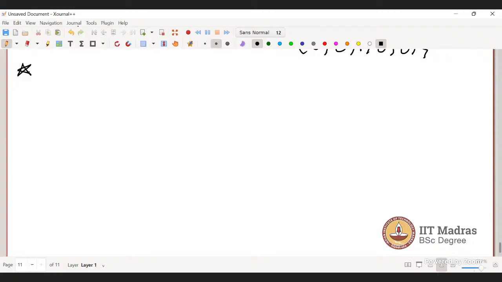Sir, I understand what the question is saying, but I'm unable to make the matrix in the form AX equal to. No, the matrix is given, right? Yes, sir, P is given. So why do you need to form a matrix?